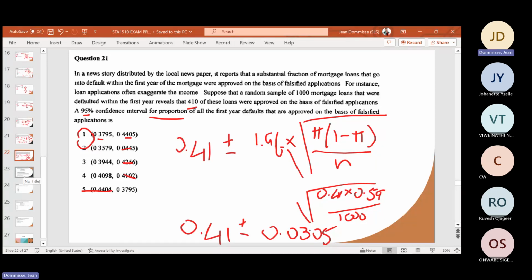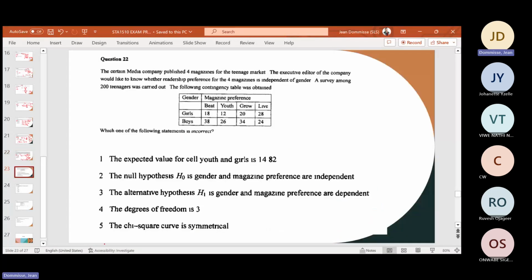Okay, so let's go into question 22. Here they ask us, and they give us the chi-square. In the chi-square, you can see they give us some data, and then they ask some questions around it.